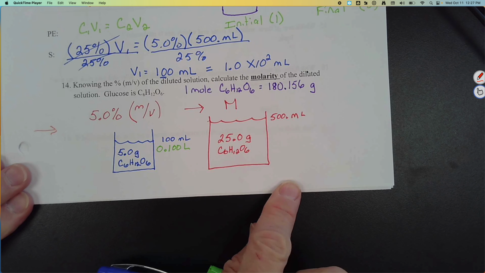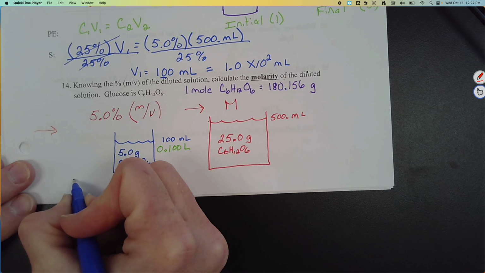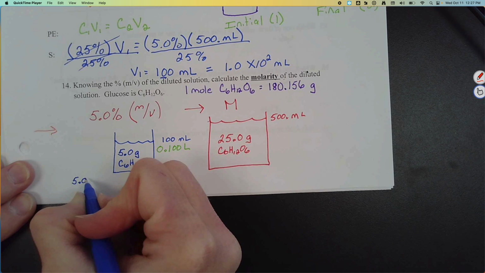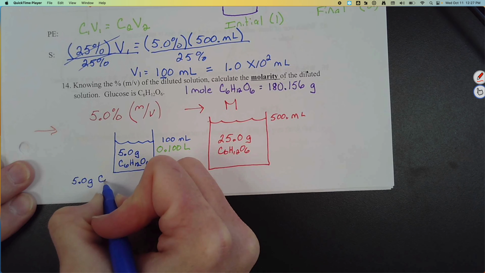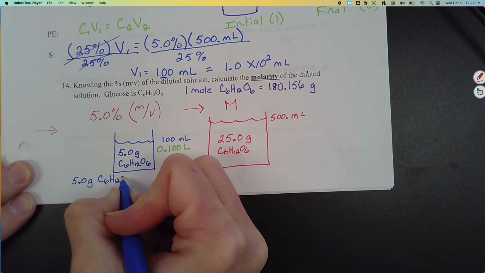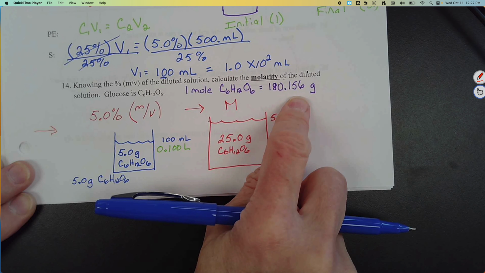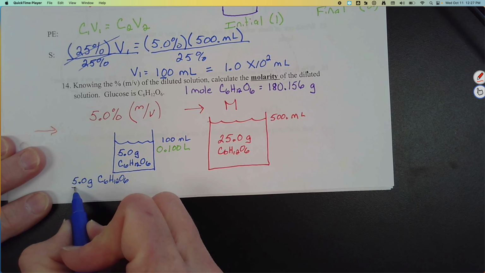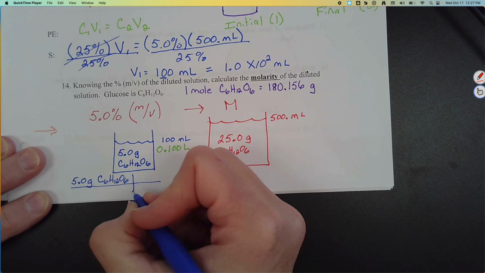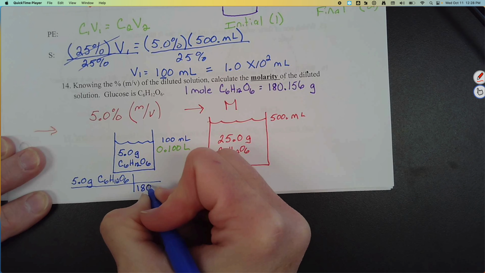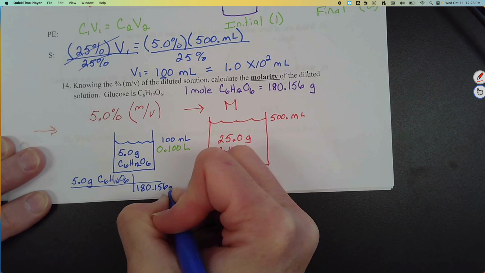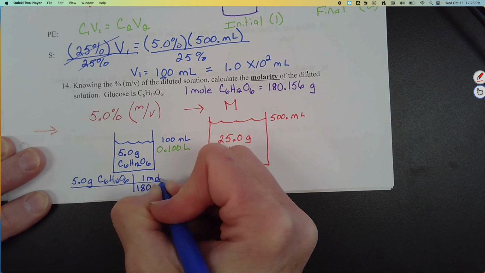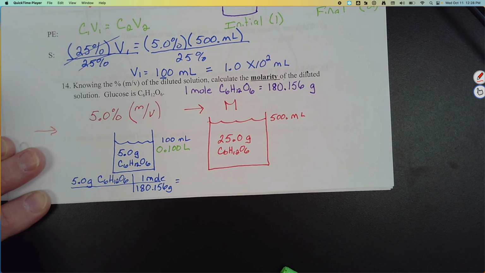I'll do the blue one, but if you want to do the red one, you certainly could. 5 grams of glucose, which is C6H12O6. Before class started, I actually made that calculation just so we'd have a molar mass. 180.156 grams in a mole of glucose. 5 divided by 180.156.